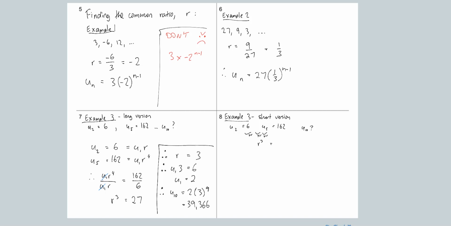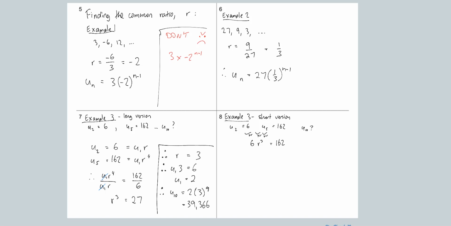Because it's got to be, to get to u sub 3, I multiply by r. To get to u sub 4, I multiply by r once more. And to get to u sub 5, I multiply by r once more again. Okay? So 6 multiplied by r cubed is going to be 162. Does that make sense?